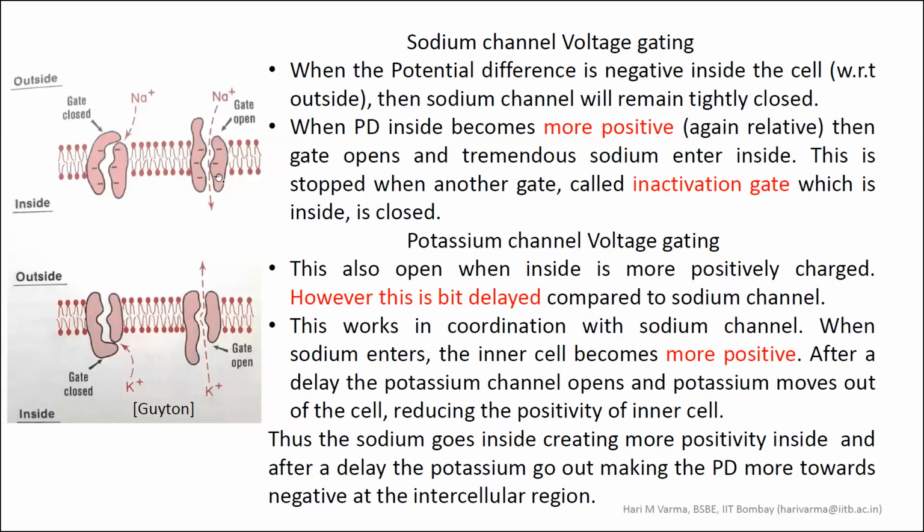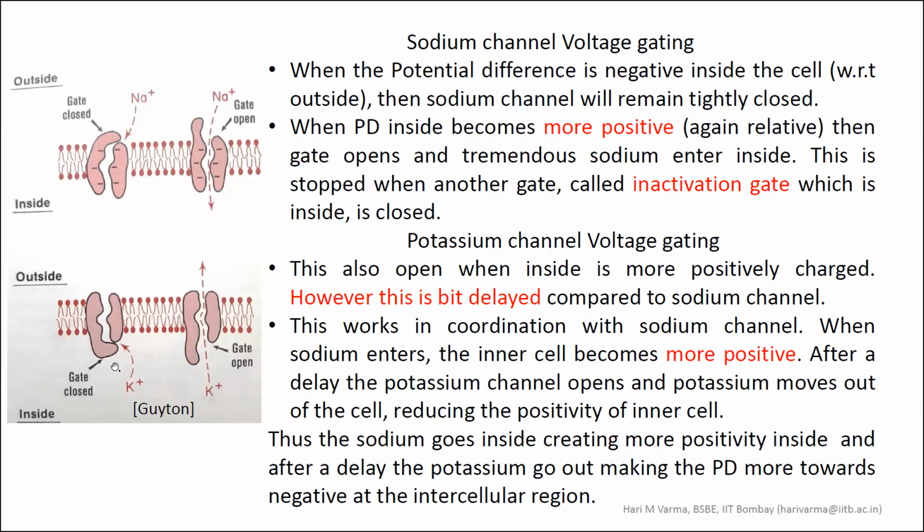But when the sodium goes inside, it will become a more positive potential. At the same time, because the inside cell potential is higher, the potassium channel can also get open, but that will happen only after a delay. Time is very important in all these switching mechanisms.